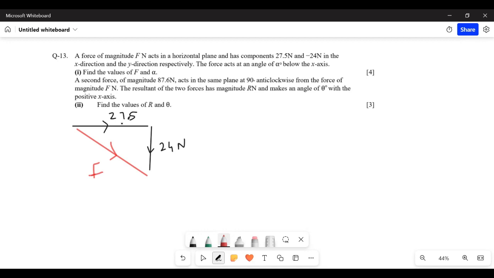So a force of magnitude F Newton acts in a horizontal plane and has components 27.5 newtons and negative 24 newtons in x and y direction respectively. Achha, now you should be able to find magnitude of F Newton force using Pythagoras.